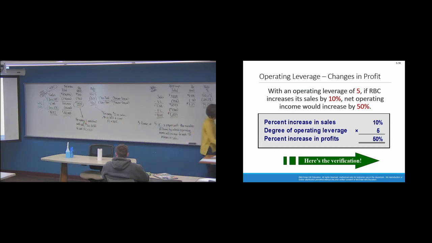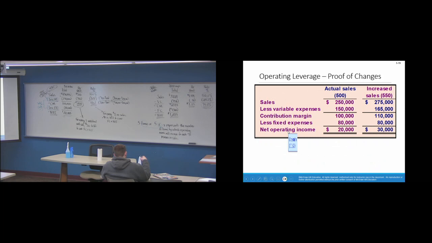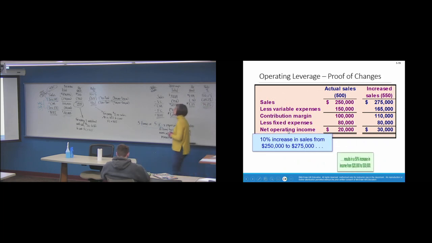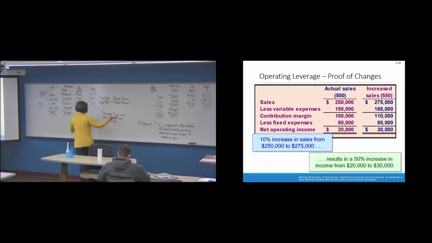Just to prove this, here's the other kind of cool thing, is we can always prove these outcomes of these ratios, right? So here's what happens. If you sell 10% more in units, 10% of 500 is 50, so that's another 50 units, so now you're selling a total of 550. What did not change, guys, were these per unit values.